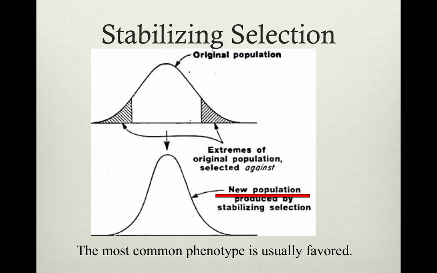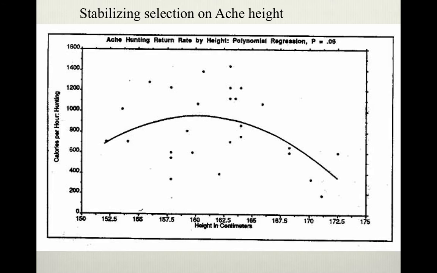And so, successive generations result in populations with the mean that stays the same, but have a smaller spread of the outliers. The standard deviation gets smaller. There has been stabilizing selection on Ache height.